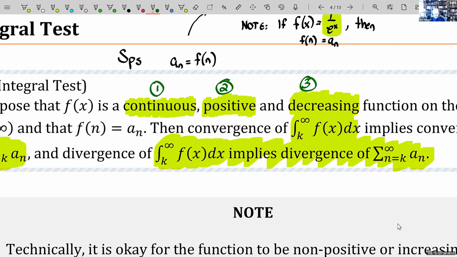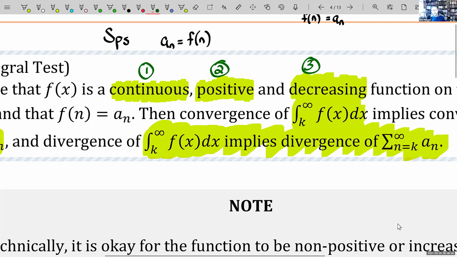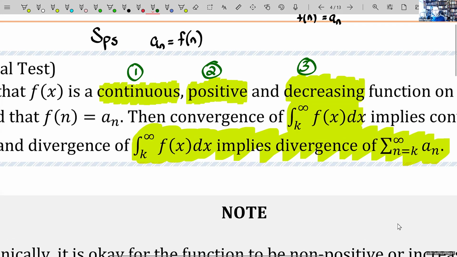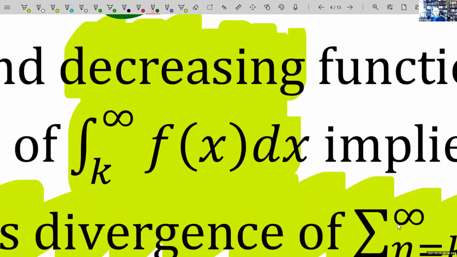And so if you have a function that you want to work with that is the same as your series values, but your function is initially increasing, or it's initially negative, or it's not even continuous initially, well, wait until it is positive, decreasing, and continuous, and work from that point forward. Because again, I could throw out the first billion terms.